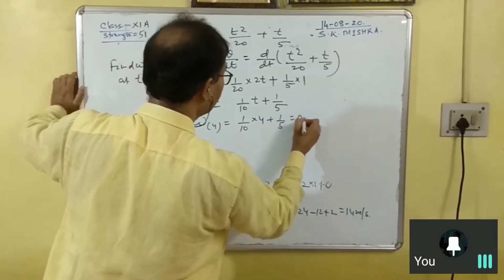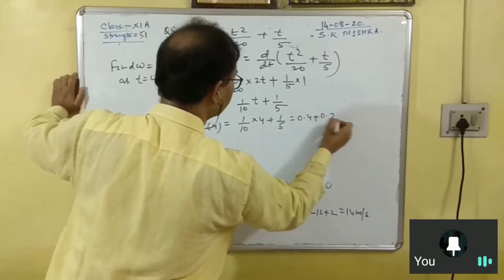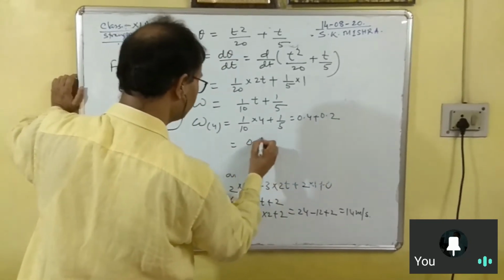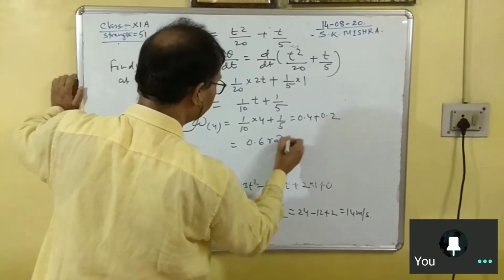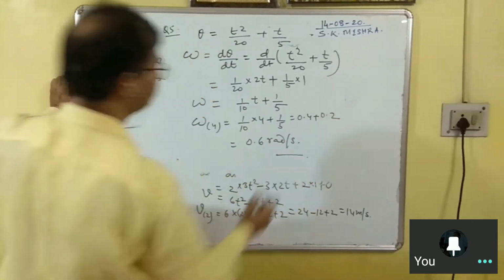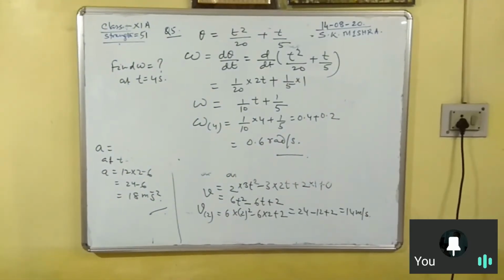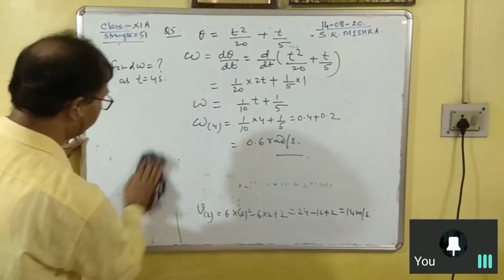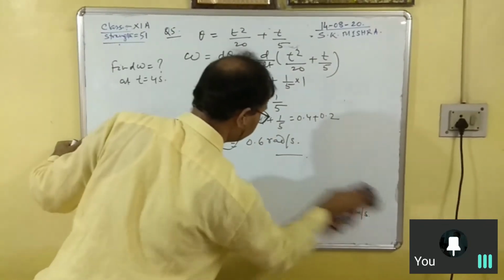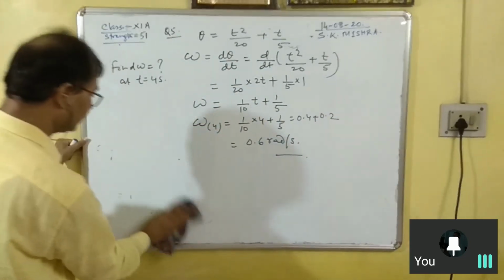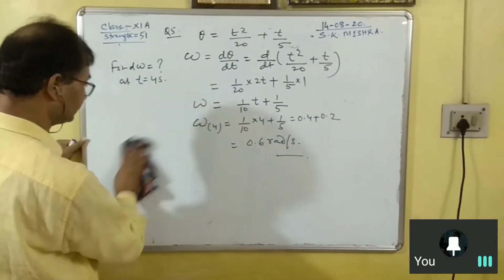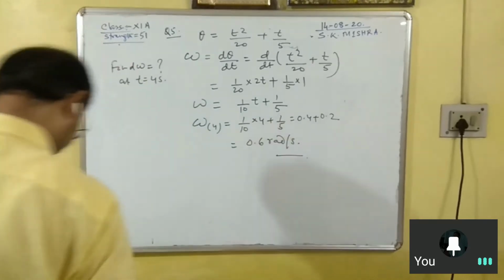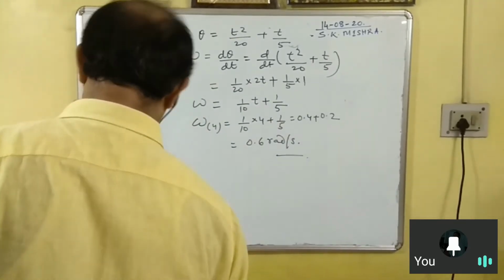So it's 0.4 plus 0.2. So it's how much? 0.6 radian per second is the value of omega. Angular velocity is the angle subtended at the center of the circle per second. That velocity is called angular velocity.